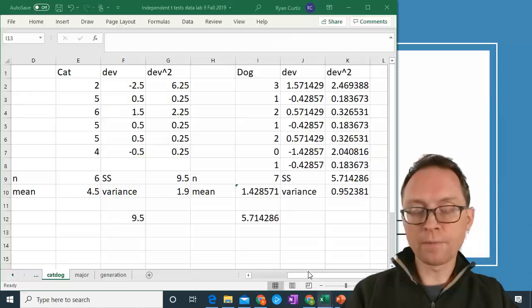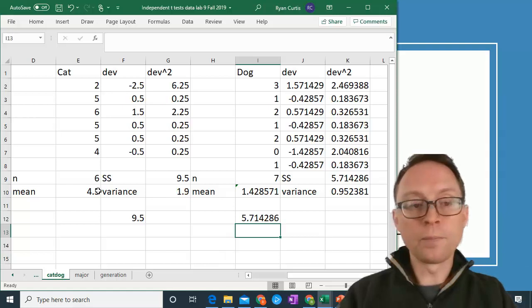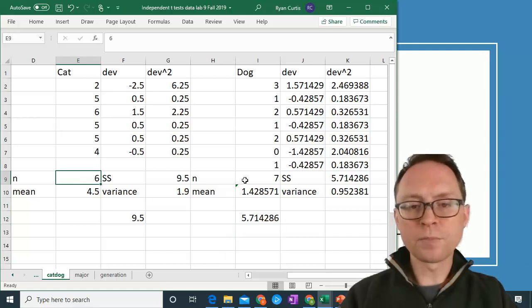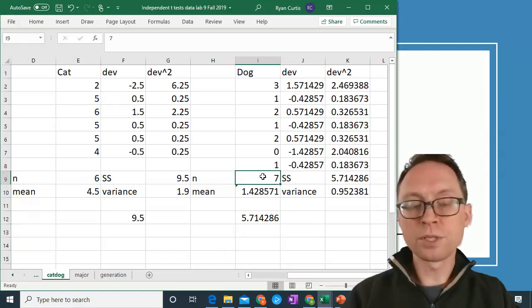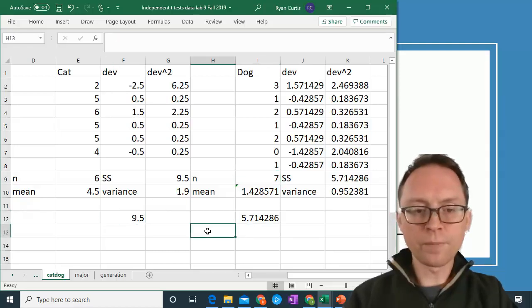Okay, go back to the data. And then we're going to divide that by n sub 1, 6, plus n sub 2, 7, which is going to equal 13, minus 2 is going to be 11. So let's go and add these two together. This plus this is going to be our numerator.